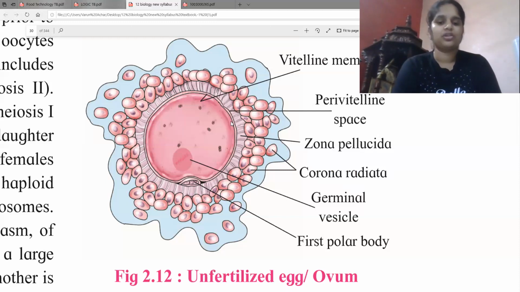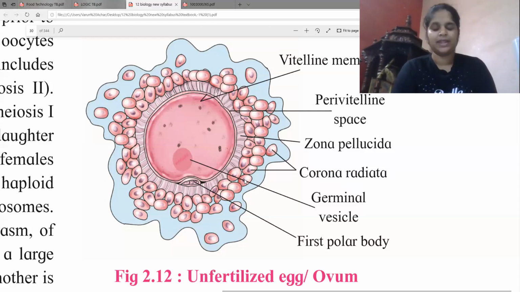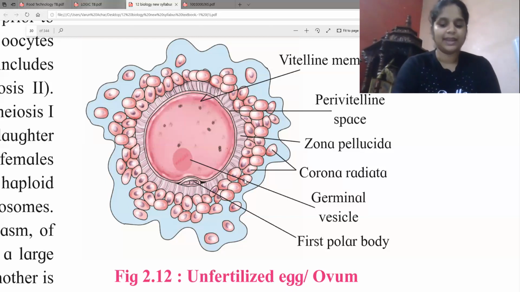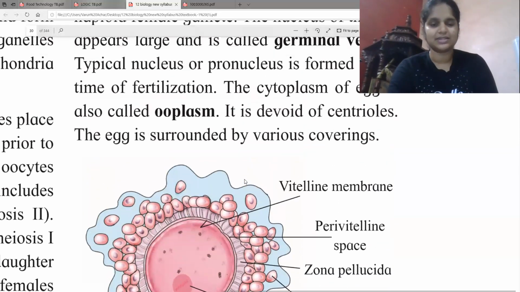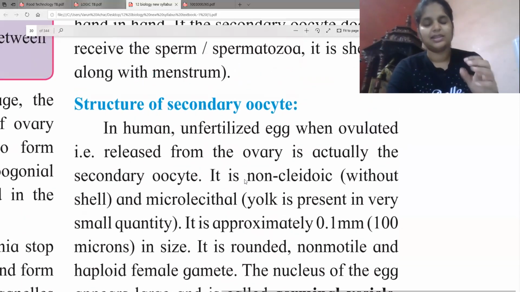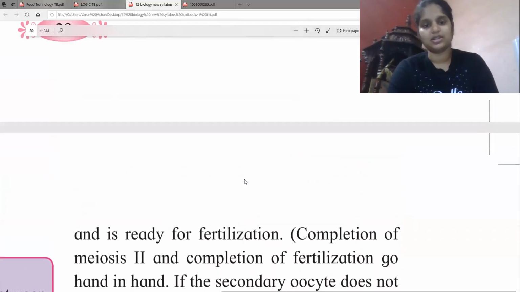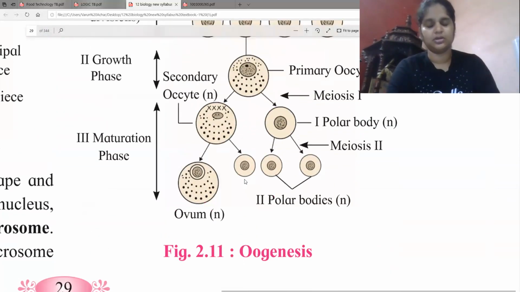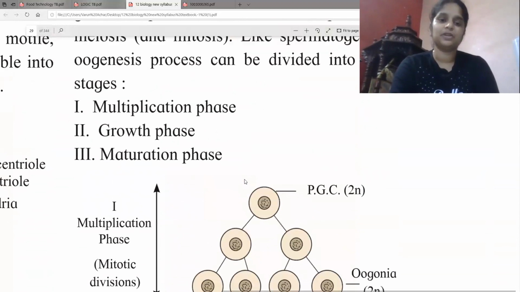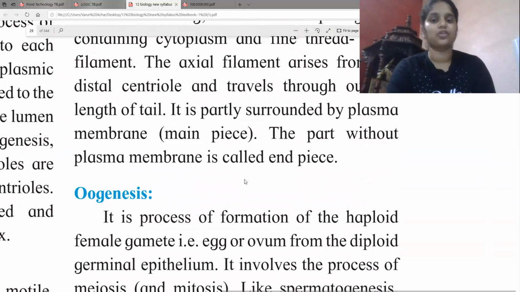Now the thing is, the granulosa cells in the corona radiata are stuck to each other, and the chemical you have in between these cells is called hyaluronic acid. That is why, when we studied the sperm, we came across one structure in the diagram of the sperm called the acrosome.